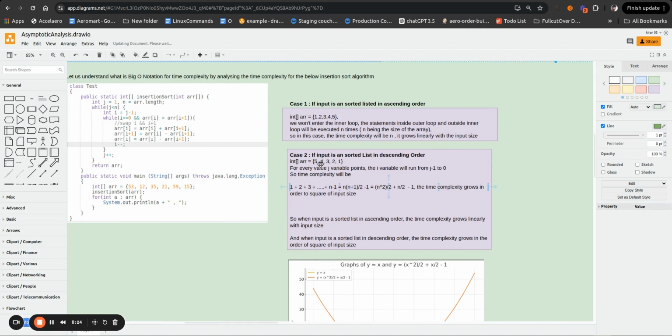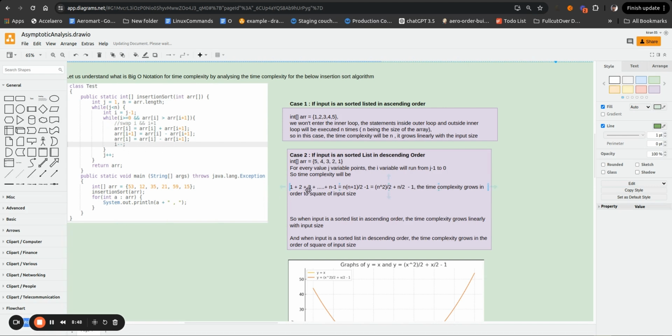When we are at the second element, we'll be swapping the first two elements. So we'll be doing one swap, and when we go to the third element, we'll be doing two swaps, and at the fourth element, three swaps, and when we reach n minus 1, we'll be doing n minus 1 swaps. So this is the number of times we'll be executing these instructions.